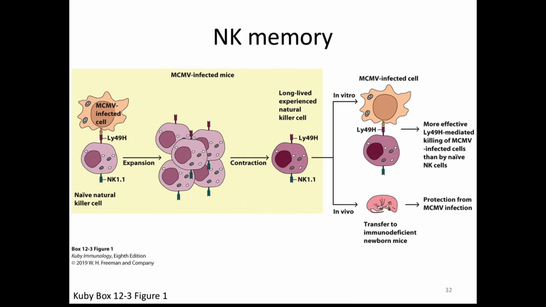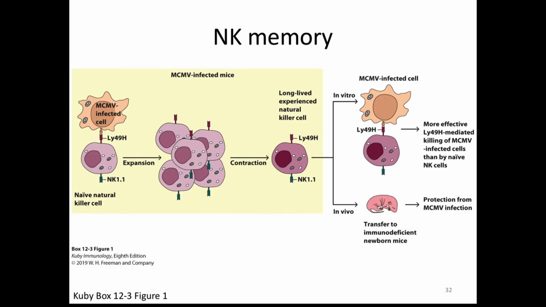One investigator did a lot of this work, but one thing people saw was that if you looked at an NK cell responding to a particular virus, you could actually watch that NK cell undergo clonal expansion and contraction. The resulting NK cell at the end was, as it's called here, a long-lived experienced NK cell. It has been changed by this experience. Some people will refer to it as an NK memory cell.